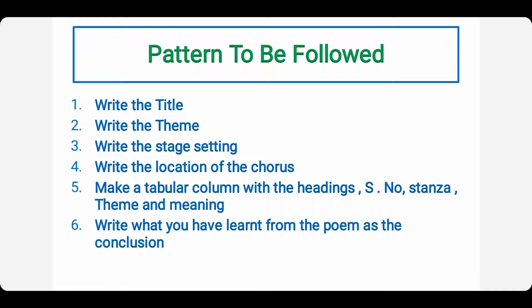It's not compulsory. Then write what you have learned from the poem as a conclusion. Whatever idea you have derived from the poem, what is the lesson that is learned from the poem, that you have to write as the conclusion.